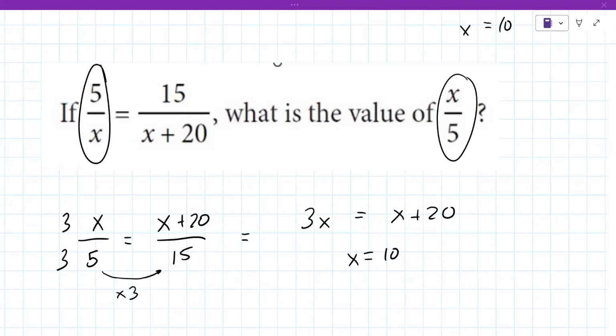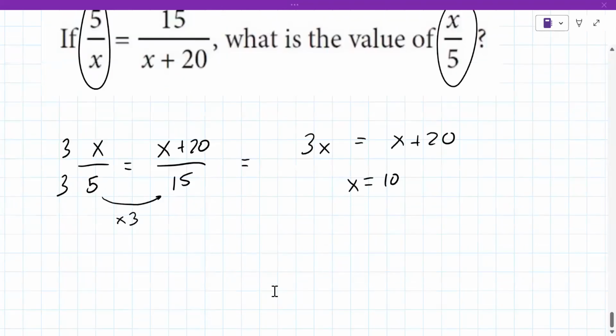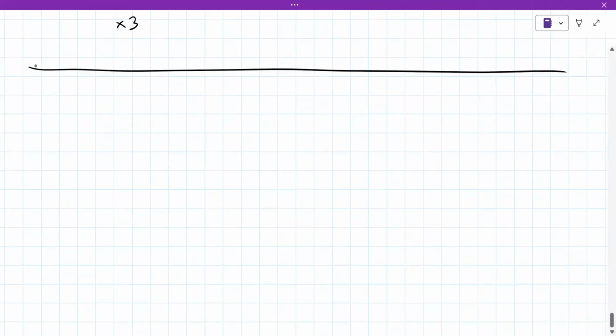Okay, so the next topic here is quadratic formula.